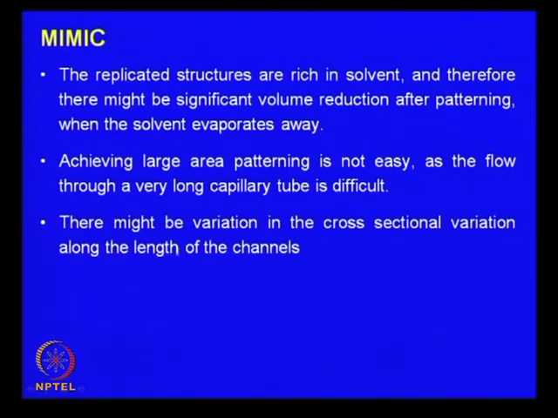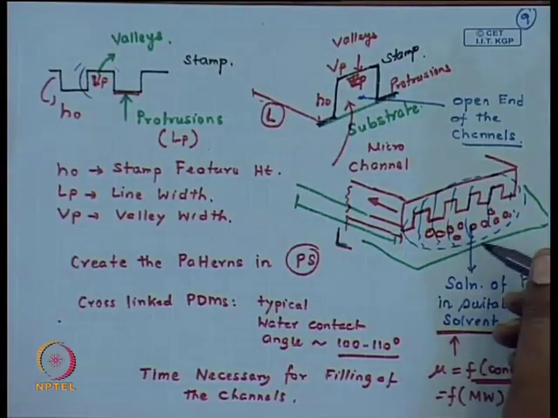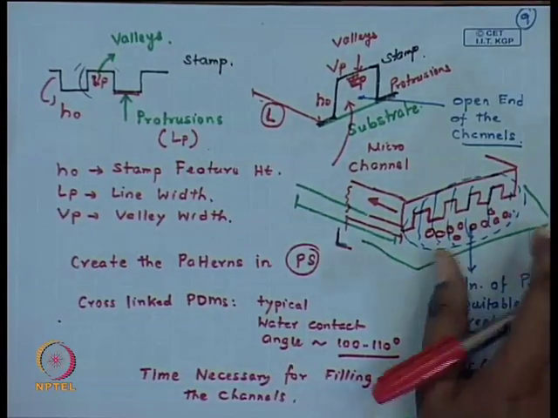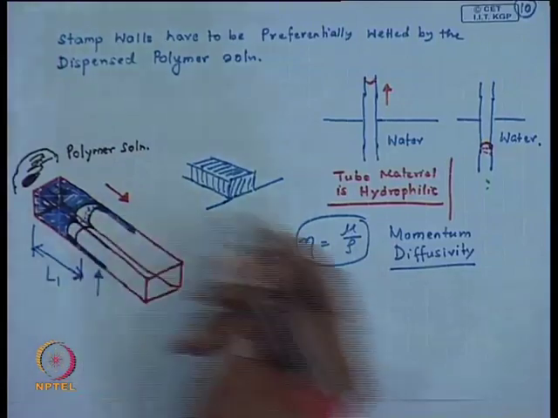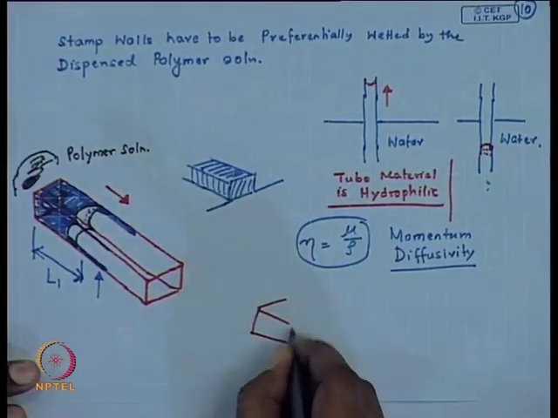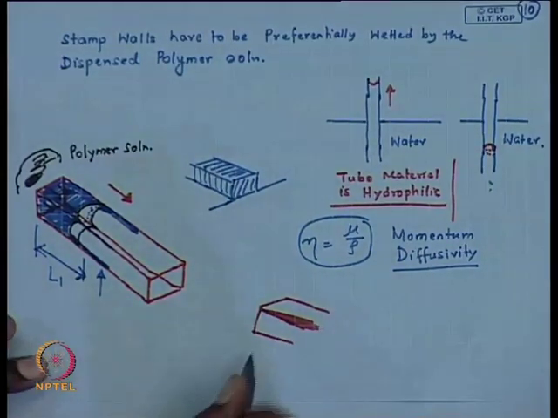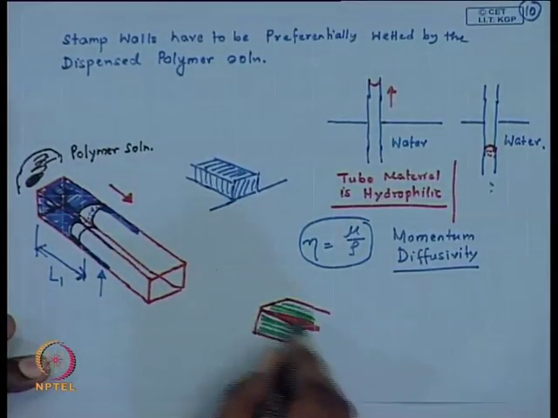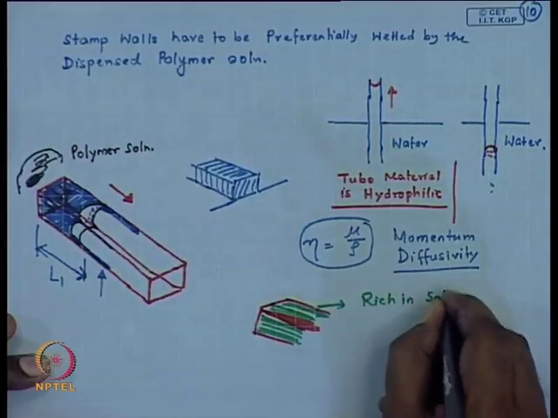Since your pattern replication is not on a film, but is primarily due to the flow of a polymer solution in the liquid form, the final structures that you make are very rich. So, this is the structure you are making after pore filling. The structure you actually make by the pore filling method is not pure polymer, but is very rich in solvent.